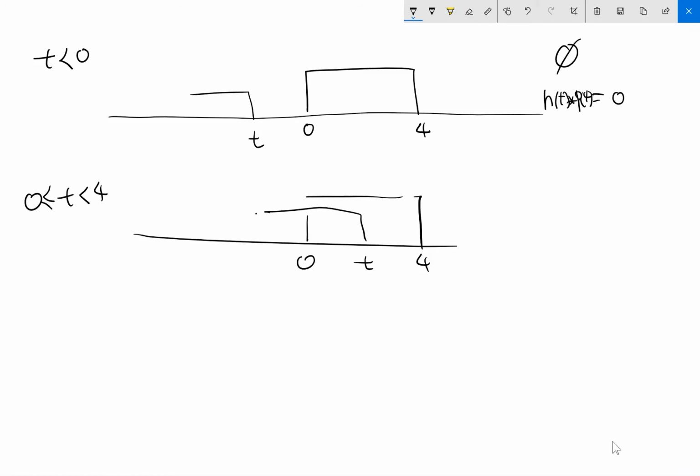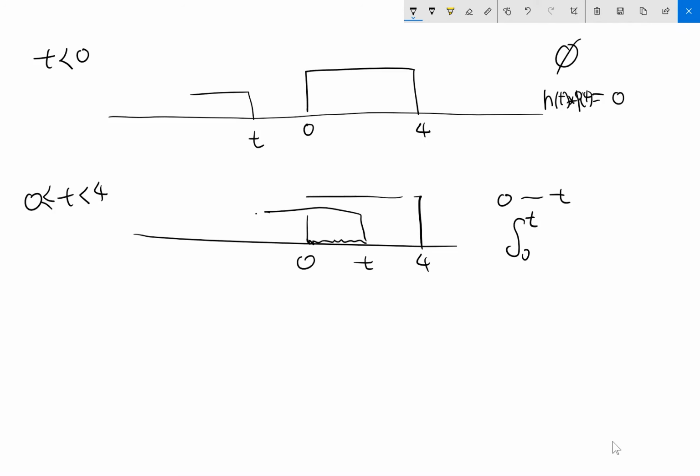The common non-zero area is from 0 to t. When we do the convolution integral, the range is normally from negative infinity to infinity, but the only part that is not 0 is from 0 to t.